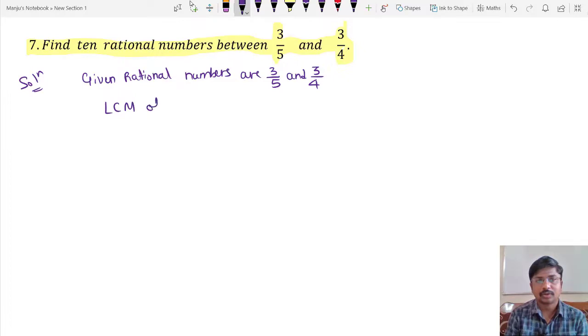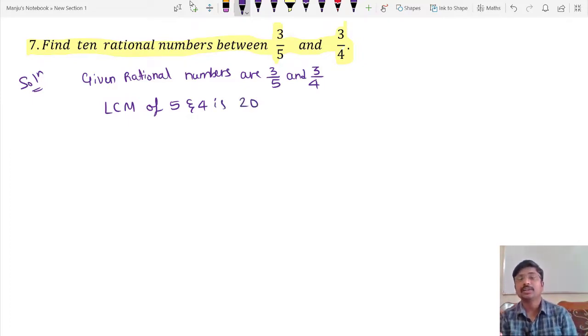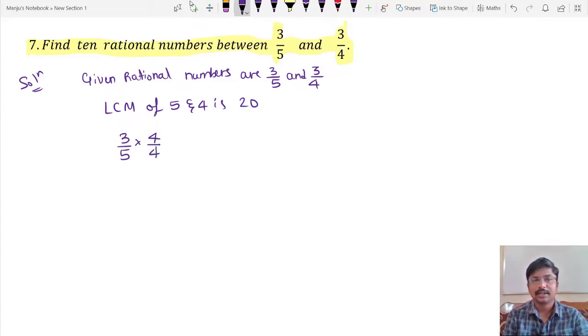the LCM of 5 and 4, which is 20. Now converting the rational numbers to the same denominator, what will we get here? The first rational number 3 by 5, we have to multiply both numerator and denominator by 4 to get 20.